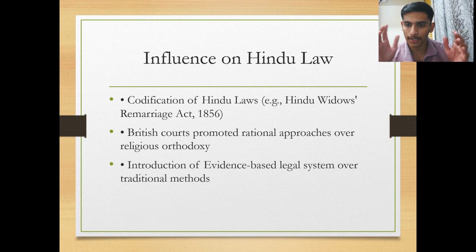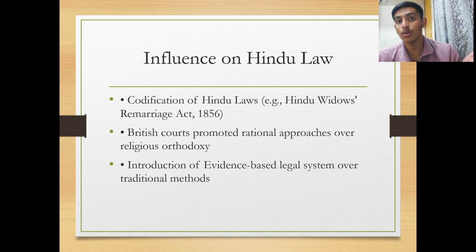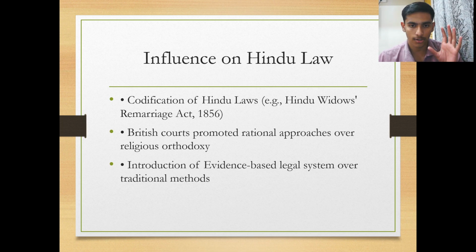Prior to that, every single act or law which existed was either in uncodified format or orthodox in nature, which was entirely changed after the British came, and their approaches changed into rational approaches. So they have a very dominant influence over the Indian judicial system.